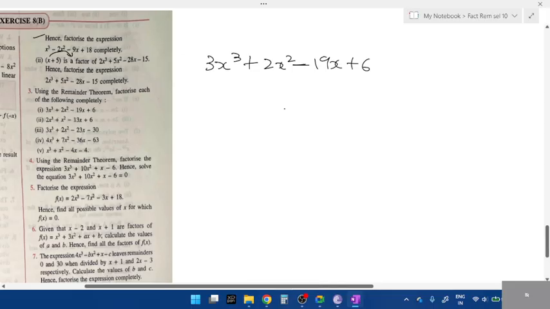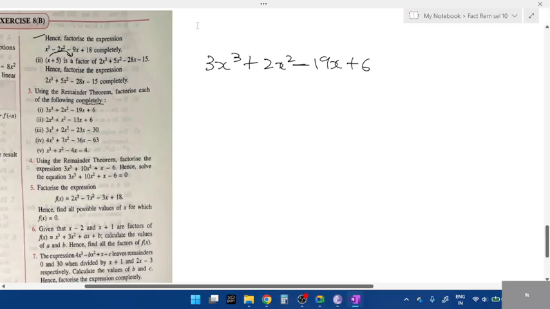What's the remainder theorem? Factorize f of x. Okay, use the remainder theorem. Factorize each of the following. Okay, we need to factorize completely.